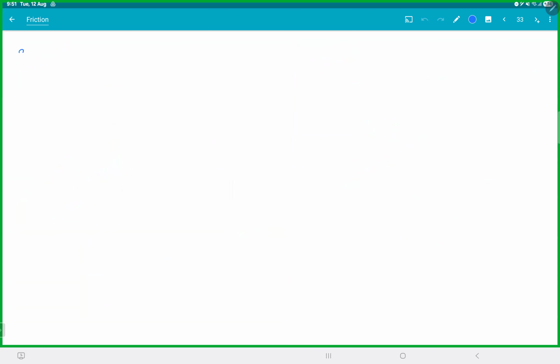Let's see one more. So let's say we have an incline, we have theta, let's say mu is less than tan theta. You projected this block with speed u up the incline. So this block will go up and then it'll take a turn and it'll come back.